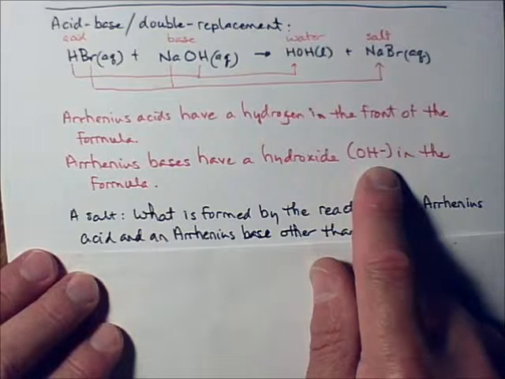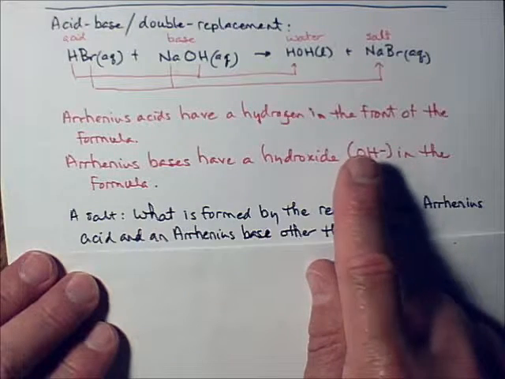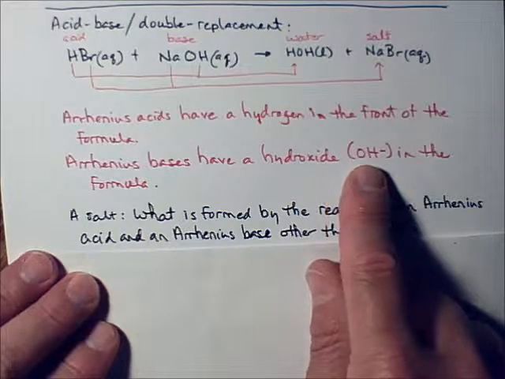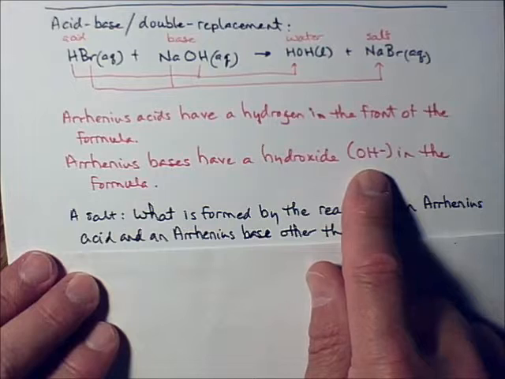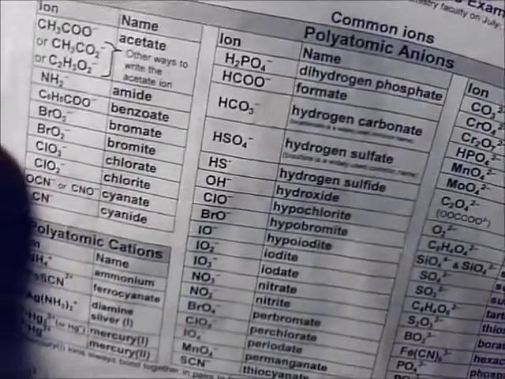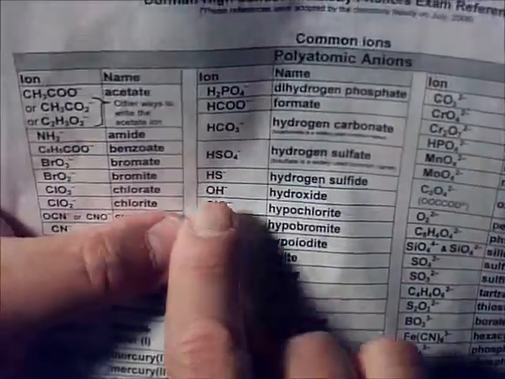The negative charge should go on the outside of a bracket if I'm showing the electrons using Lewis dot formulas. Okay? But the formula just for hydroxide is OH negative. Now, if you look on your test references in the common ions, it's kind of a simplified version of what you're talking about. Let's see hydroxide.